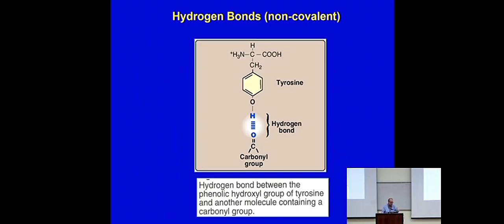They usually involve a hydrogen that is bonded to an oxygen or a nitrogen and will be interacting with an adjacent oxygen or nitrogen non-covalently, which is this interaction there.